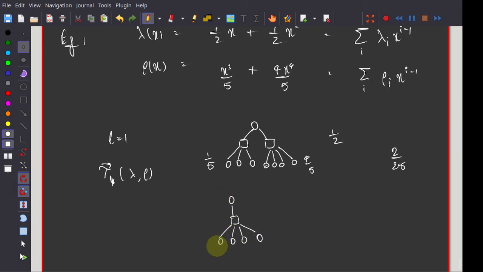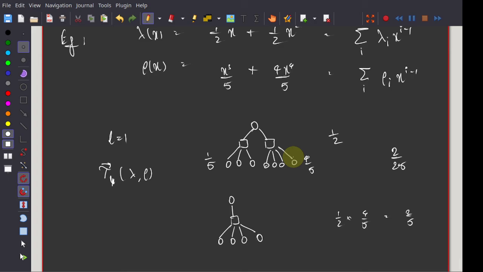So the probability of ending up with this particular graph is half times 4 by 5, which is 2 by 5. And so on. So this is for L equal to 1. You can again construct for L equal to 2. So again, you start from the root, you keep adding its children one after the other according to this random rule. So basically you're generating a random number of children for each node according to this particular probability.